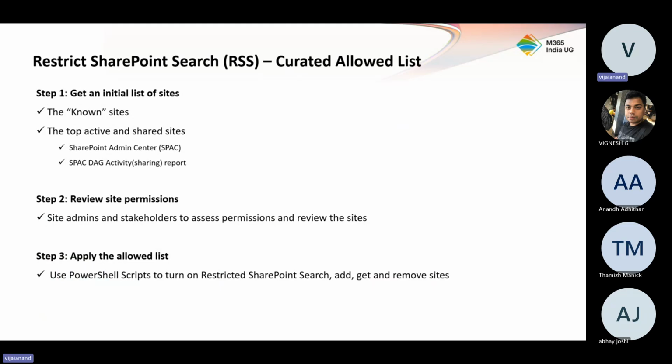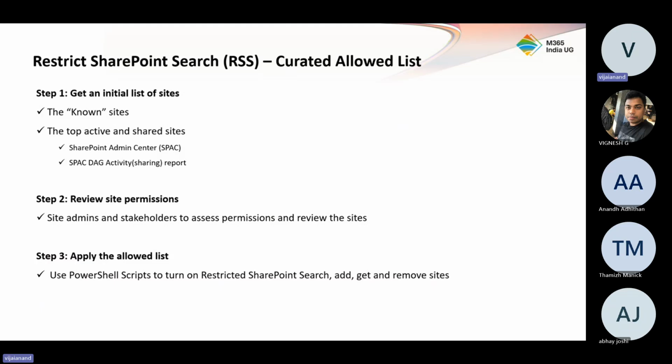So how do you create this curated allowed list, right? Obviously there are various steps involved. Step one, you can get the initial list of sites. Each and every organization knows its known sites, or the top active sites.